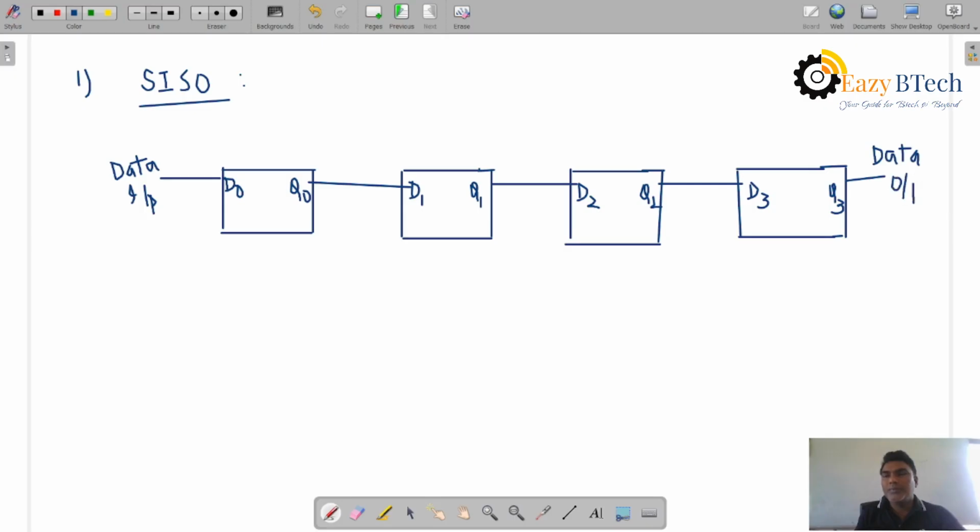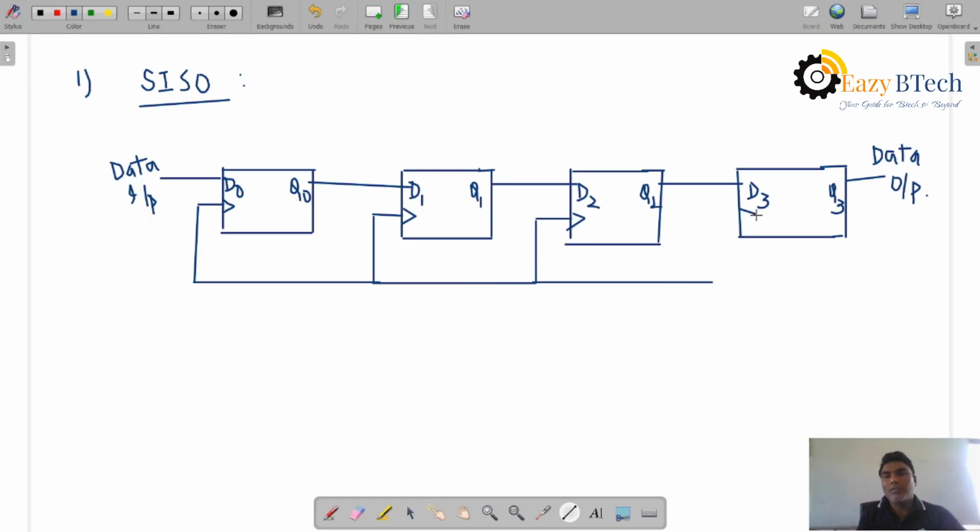Every time we apply a clock signal, each clock pulse is applied to all the flip-flops, and the data is shifted.